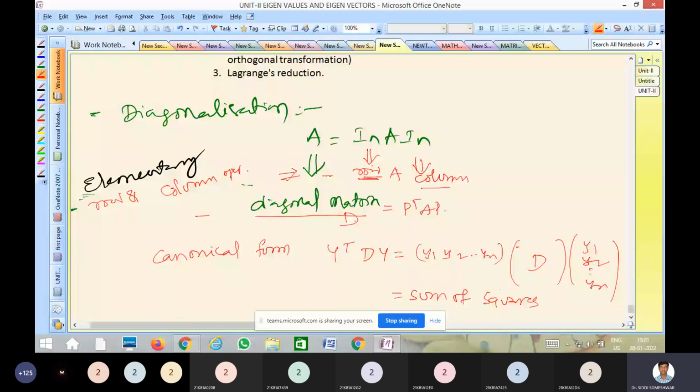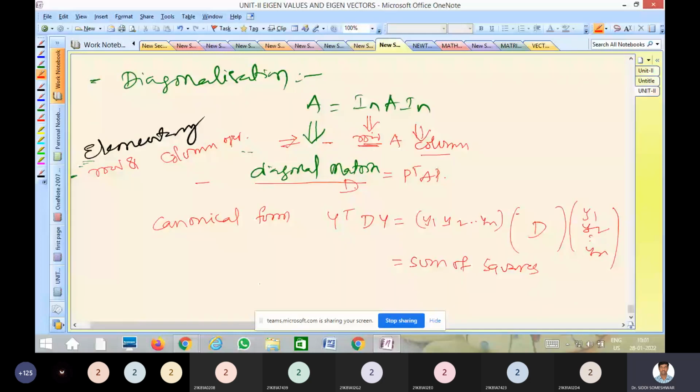This is under the linear transformation x equal to Py. What is P here? You have P here, right?